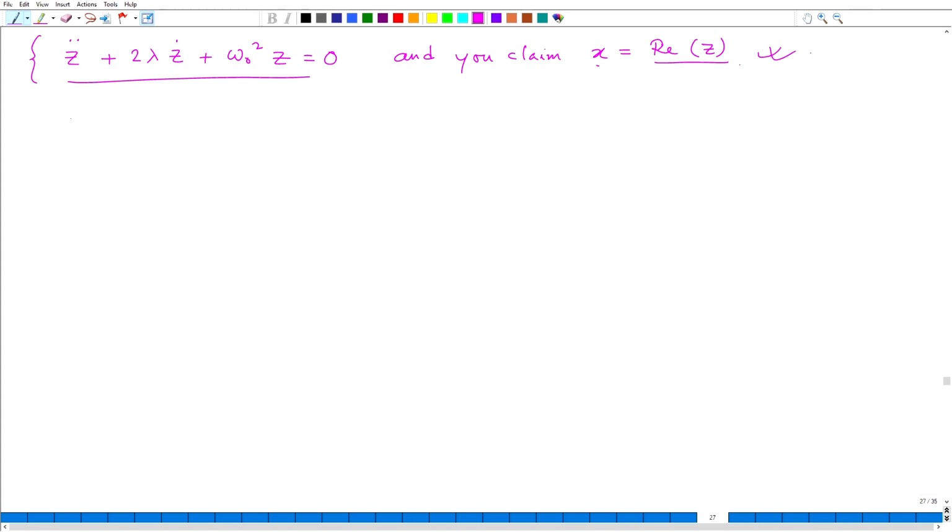Now you know that z is equal to c1 e to the power minus lambda plus root over lambda square minus omega 0 square times t, plus c2 e to the power minus lambda minus root over lambda square minus omega 0 square times t. If you know this to be true, then I can make several cases.